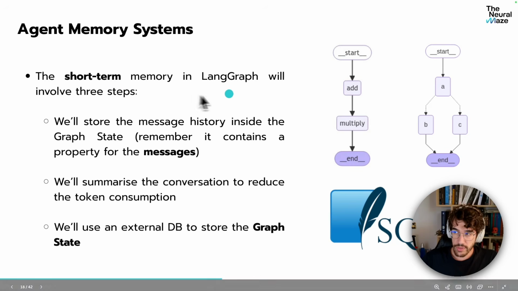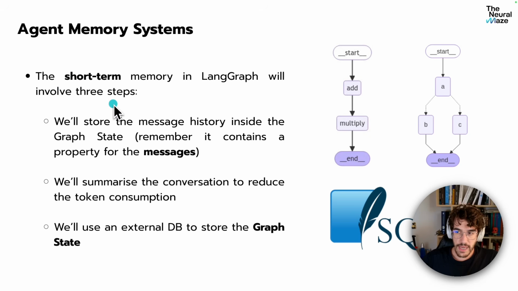So the short-term memory in LangGraph will involve three steps. First of all, we will store the message history inside the graph state, remember, in the message property that we already used in the LangGraph crash course. Then we will summarize the conversation to reduce the token consumption.